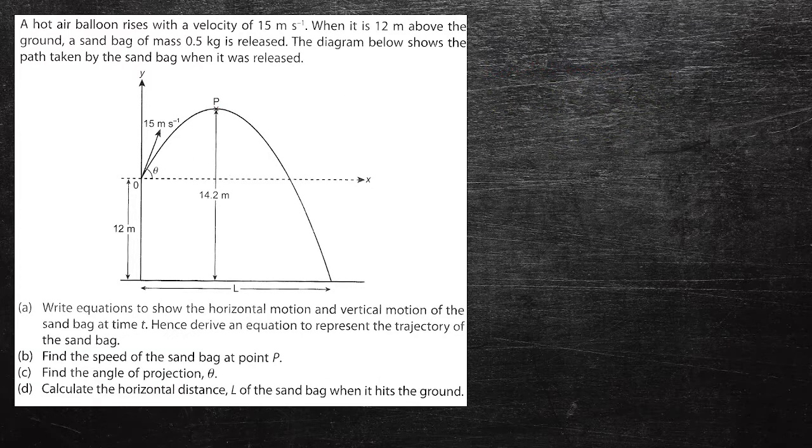The last one, calculate the horizontal distance L of the sandbag when it hits the ground. So how much is the L over here? To find the L, we can use s equals ut plus 1/2 g t squared. We can use horizontal or vertical. Why do we use vertical?